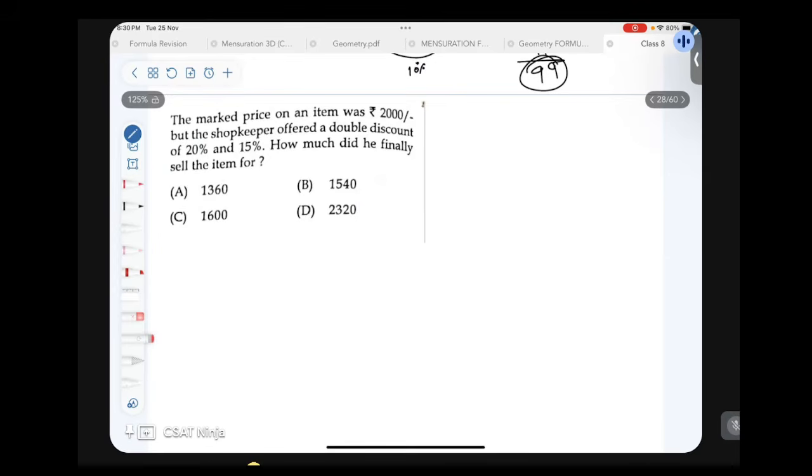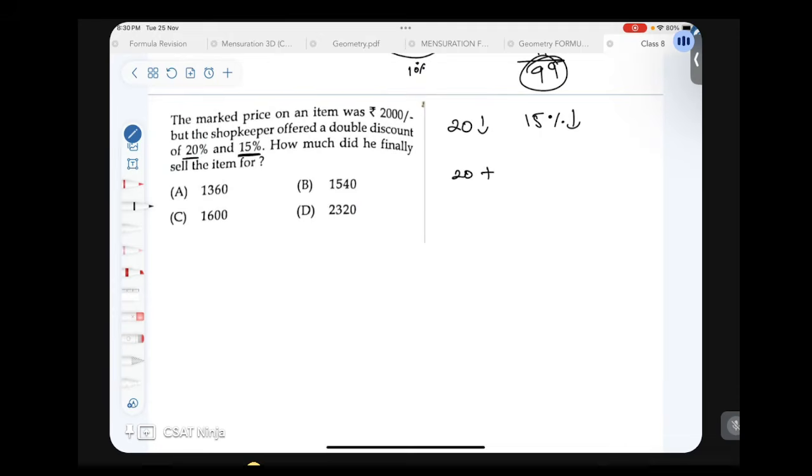Okay, let's try a question here. It's a question from the NSSB BYQ. The question is, the marked price of an item was 2,000, but a shopkeeper offered a double discount of 20% and 15%. So if there is a discount of 20% and 15%, what's the net discount? That means how much discount is the customer getting?